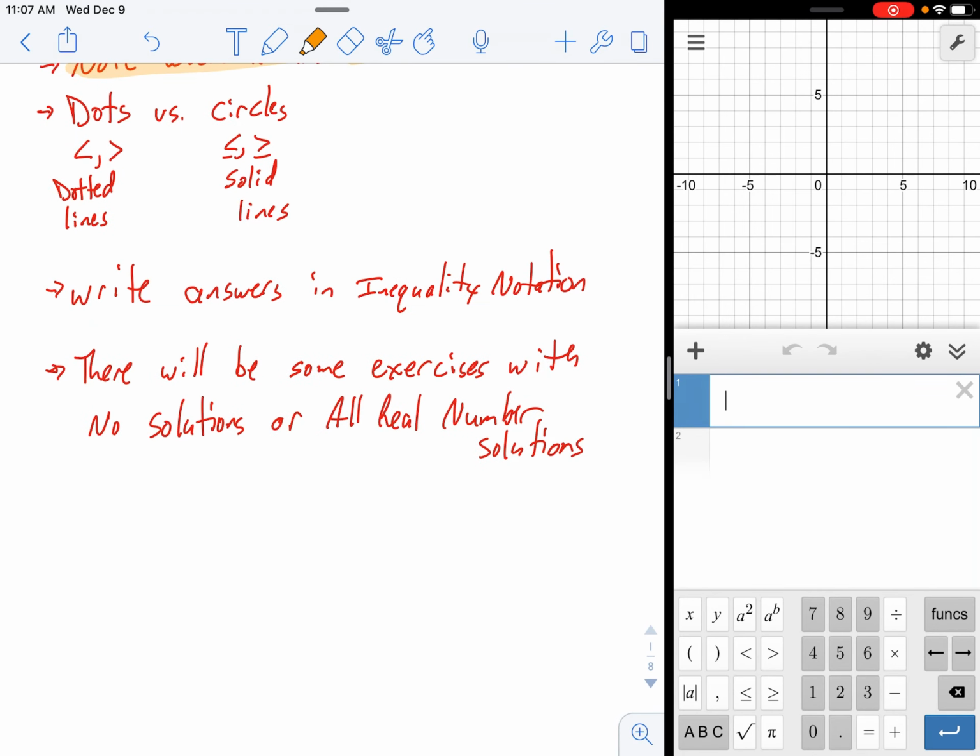Don't forget dots or circles. So sometimes when you shade a number line, you get a circle with an arrow on it. Other times you get a dot. Circles come from strict less than or greater than signs.